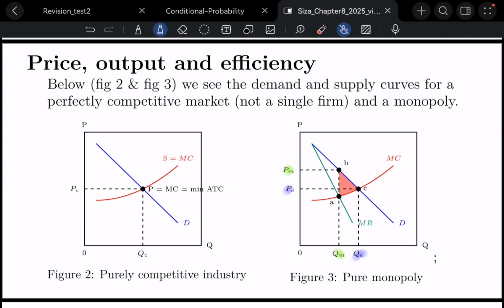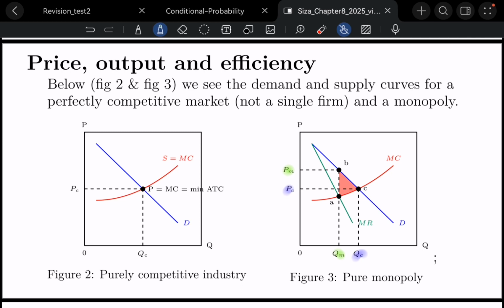The quantity the monopolist will be willing to produce is QM, and QM is less than QC, which the perfectly competitive market would have produced. So the monopolist has a higher price and a lower quantity compared to the competitive market. Now let's talk about efficiency.